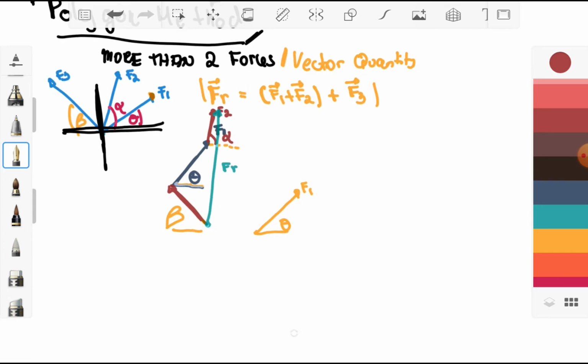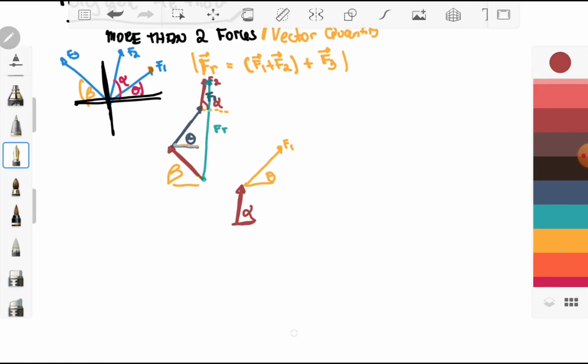Let's say that my F2 will be here, F2 at angle alpha. And then, my F3 at angle beta. So, how will I solve for my resultant force?